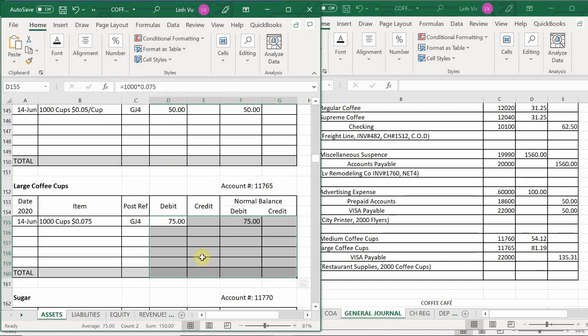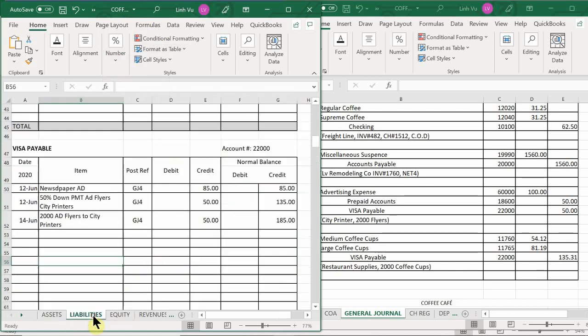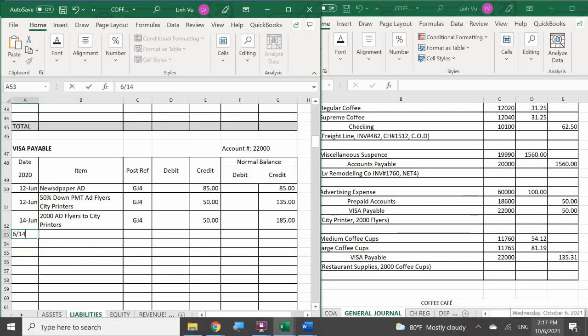We have the Visa, and we have to update our Visa. Visa right here, Visa payable. So I'm going to go ahead and make the date here.